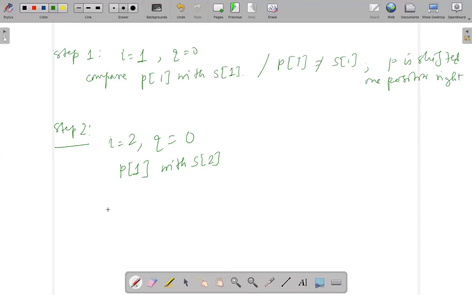So P1 and S2 match, right? So at this point, the state of the two strings are as follows.